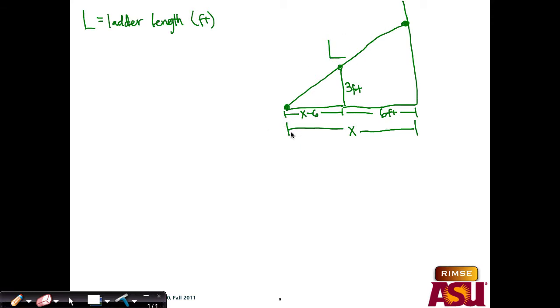Now, we can write some expressions for similar triangles, but I don't want to worry about the hypotenuse here. That seems like that'd be kind of messy. So I'm just going to write an expression, even though it doesn't seem important. I don't care how tall the building is, but just where the ladder is, I'm just going to call this Y. How high up the building the ladder hits this. So in these notations here, X is being used as the distance that the base of the ladder is from the house building.